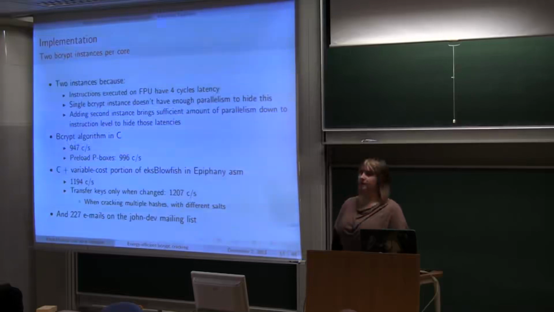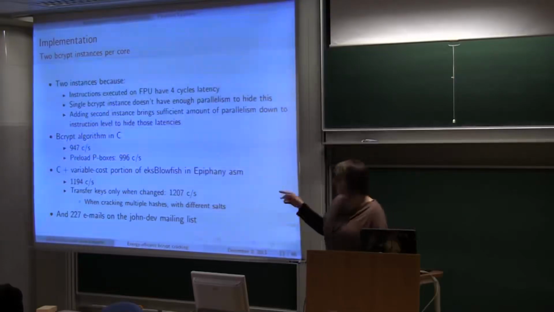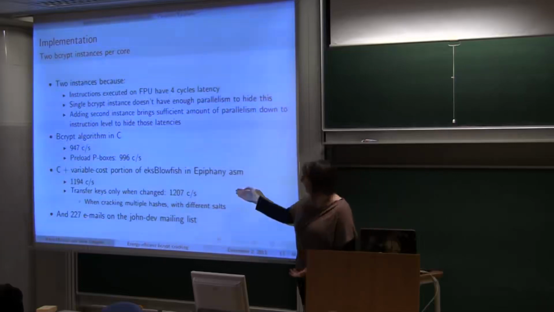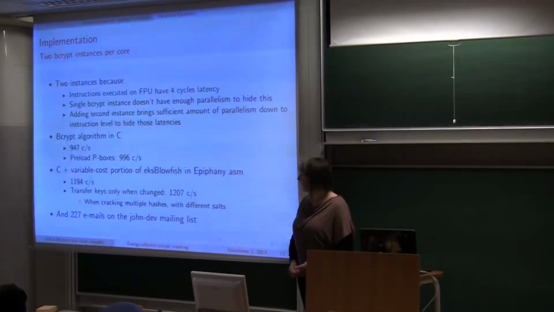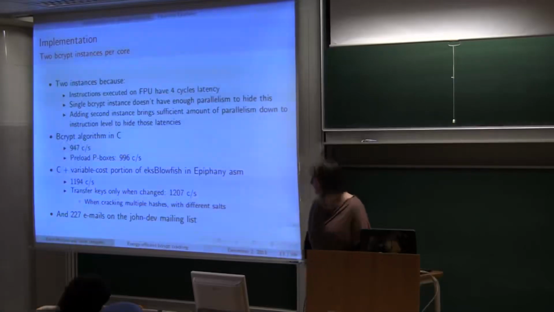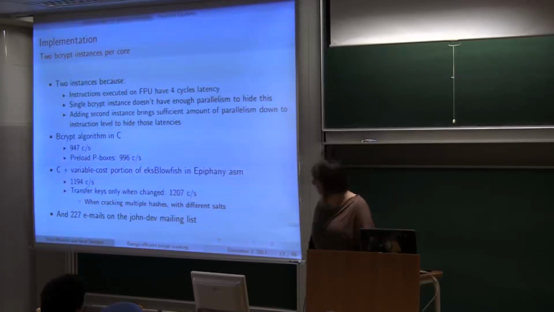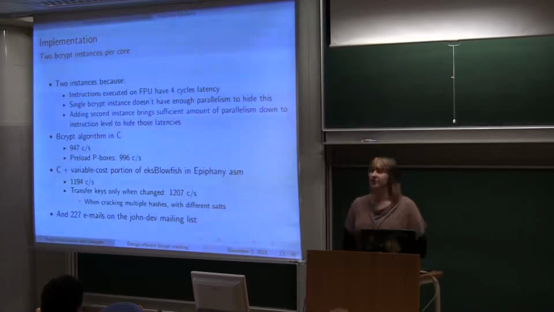And the last part was to do the same scheduling as was done with one instance, so just do it with two and exploit as much parallelism at instruction level as possible. This resulted in a performance of 1,200 cracks per second. And we had 227 emails on the John dev mailing list to finish this implementation.